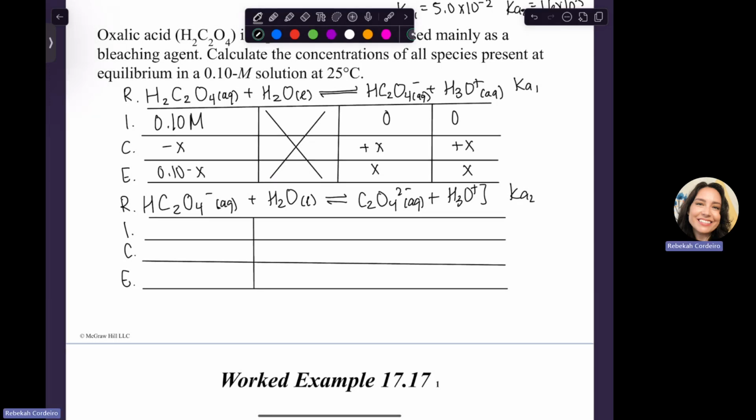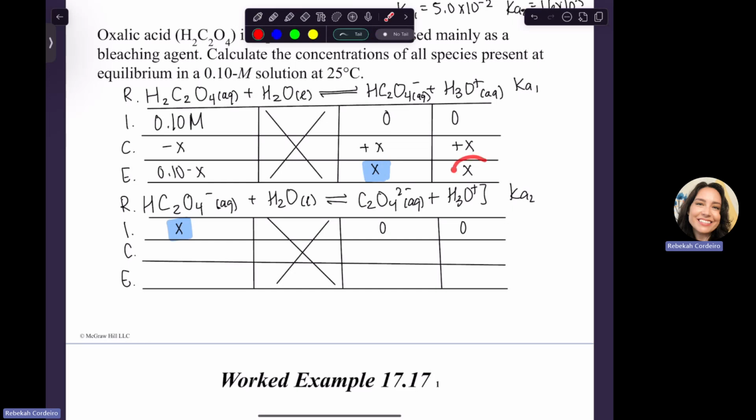I don't know if you've picked up on this quite yet, but I'll draw it out for you. This would be the amount we start with here. So I'll just say x. We would have 0, 0 for this new one.